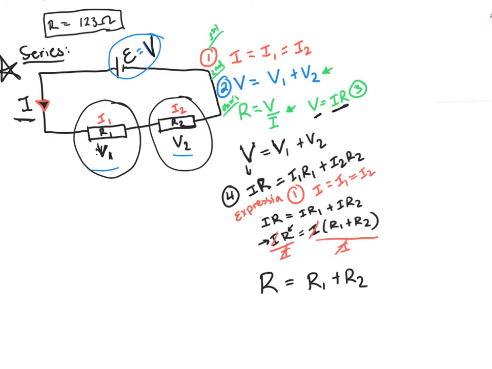Now if I added more resistors and so on, that will be R1 plus R2 plus R3 and so on. So this is proving that in a series circuit, the more resistors I add, the higher the total resistance gets. And you can think of it as increasing the length of path for electrons to pass.